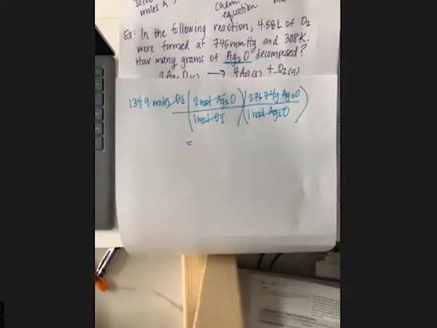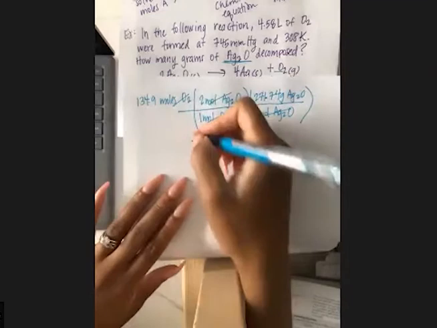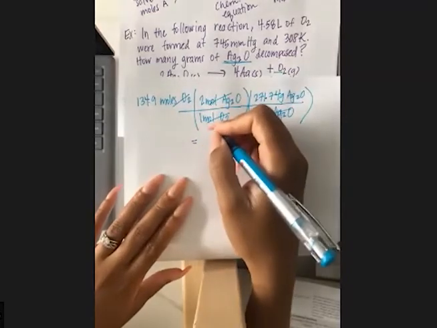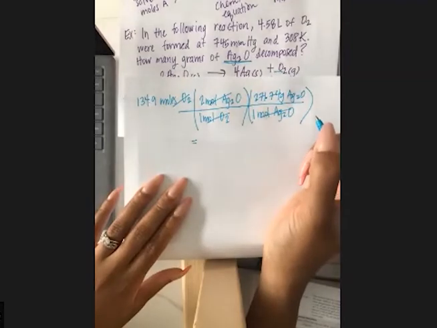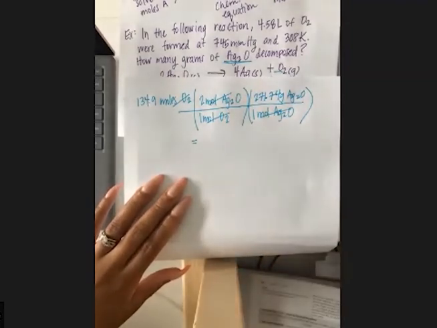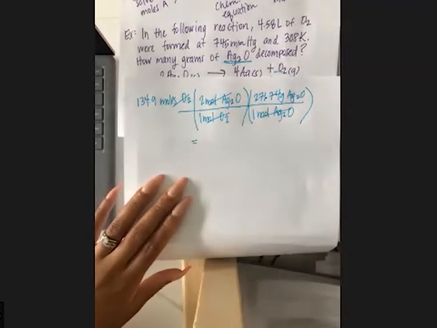What's that? Does anyone have an answer? Yeah, I think I gave you the wrong molar mass for silver oxide. Let me see what I had. It was 231.74. Okay.